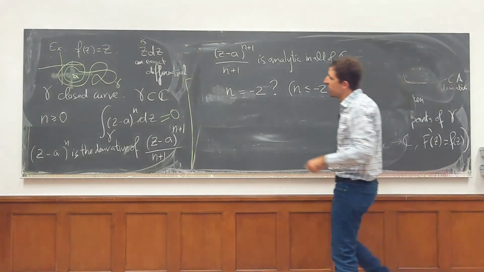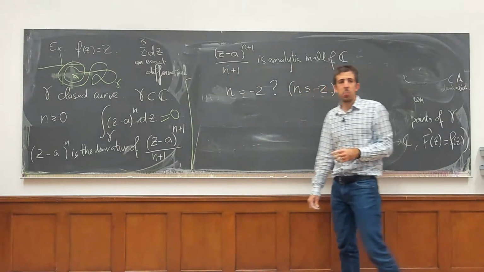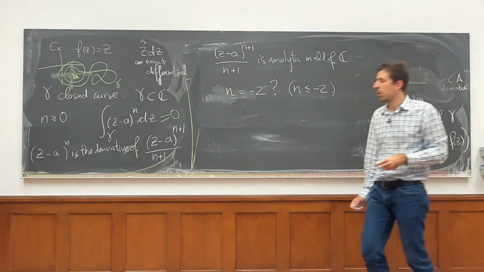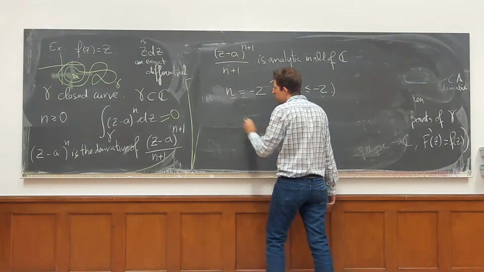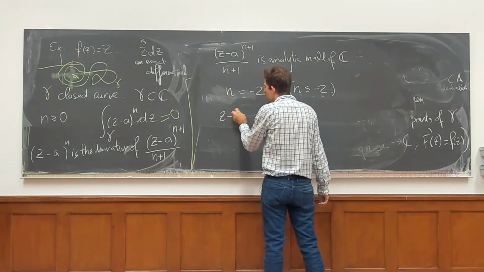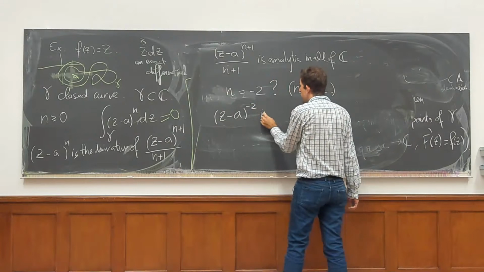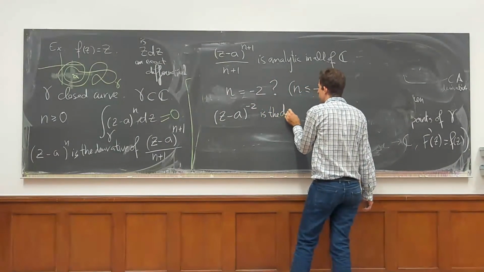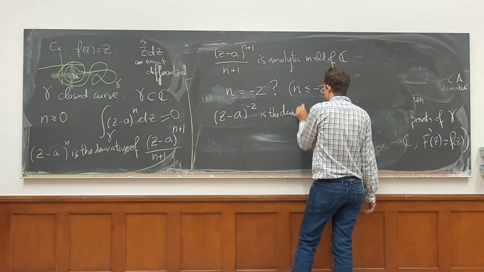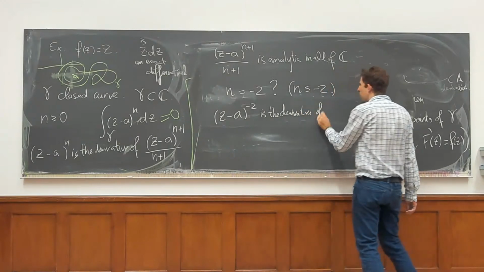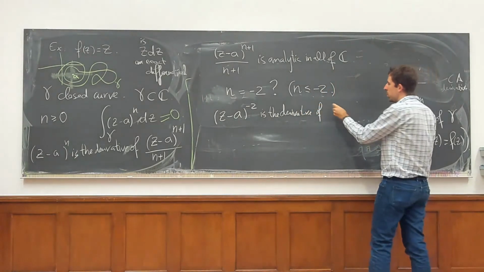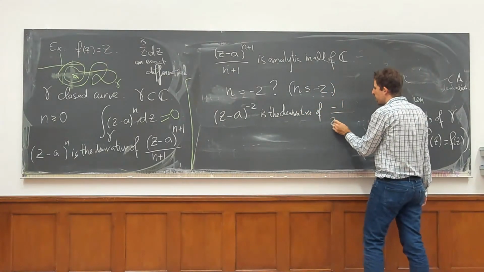Let's say that n is equal to −2, then it also has a primitive. Because for n equals −2, (z − a)^n is the derivative of, so n + 1 is −1, −1 over z − a.